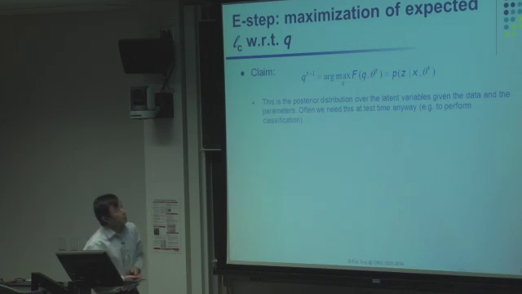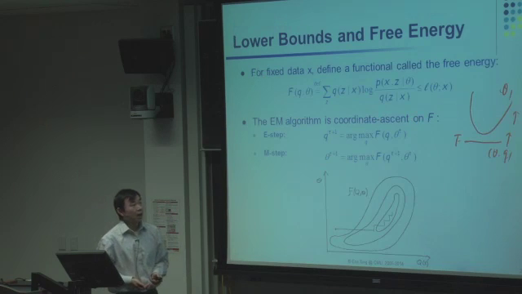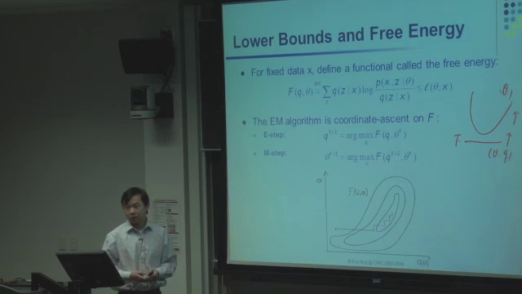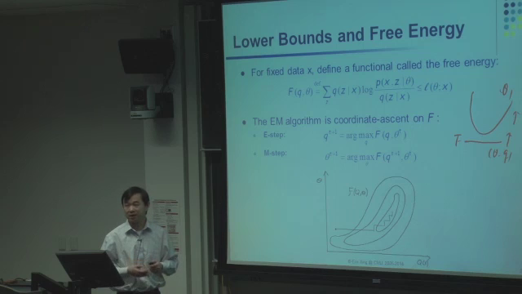The second one is actually even more interesting. It turns out that what you are actually doing in the EM algorithm is not only about optimizing a lower bound of the data likelihood. You are actually optimizing the data likelihood itself. Why?